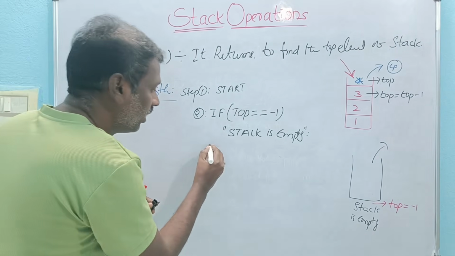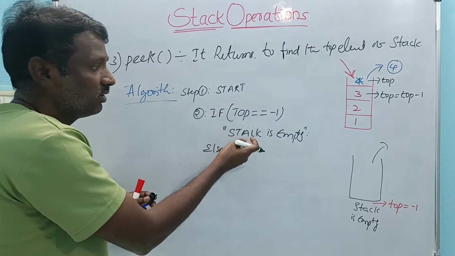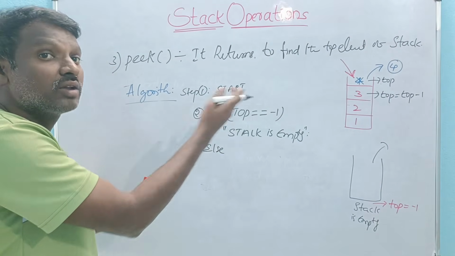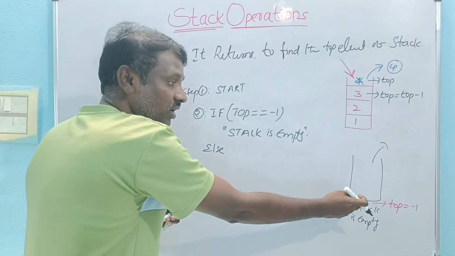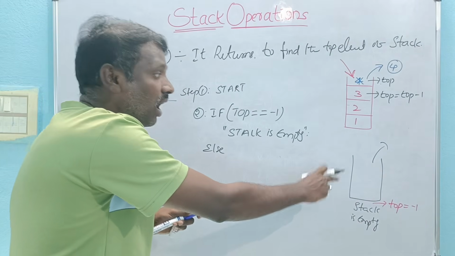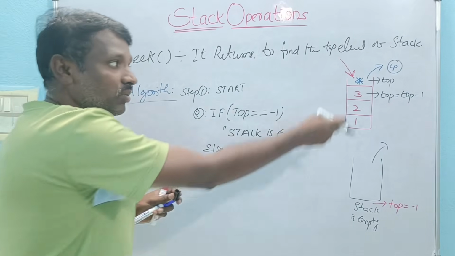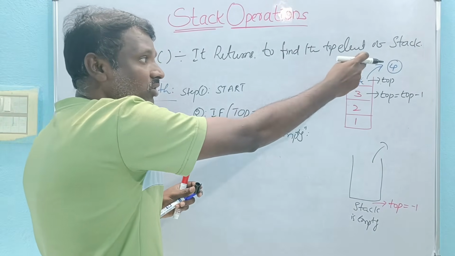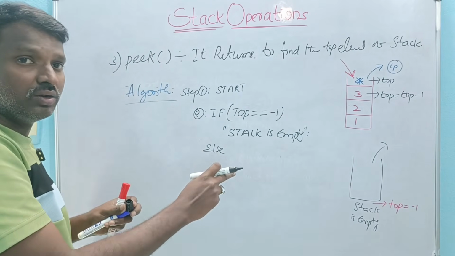Else, if the stack is empty, it is not possible to find the top element. Otherwise, if a stack has some elements, going to the diagram, when the stack has some elements, it is possible to get the top element.